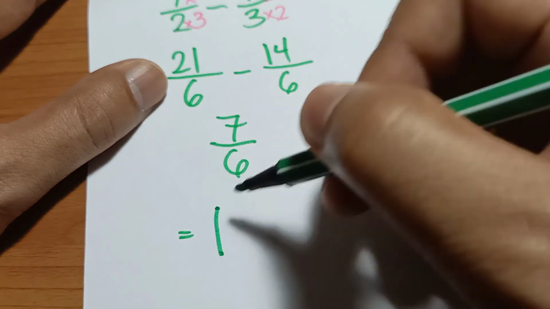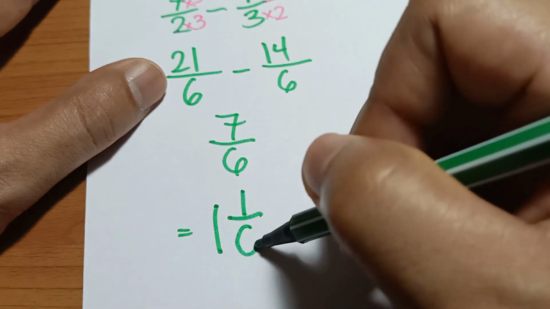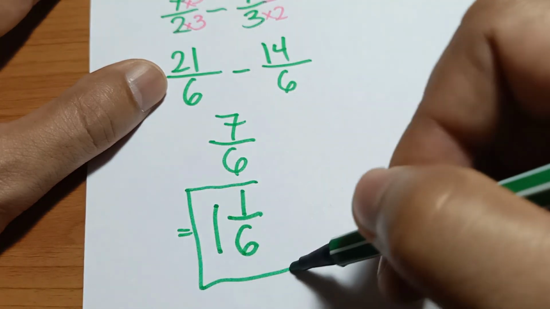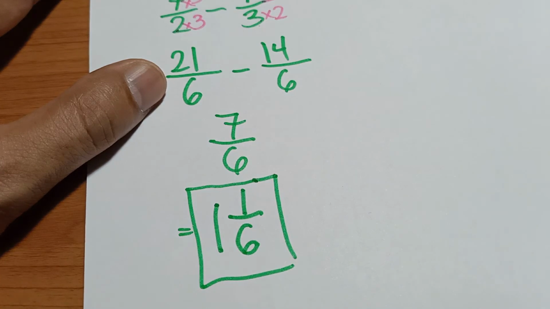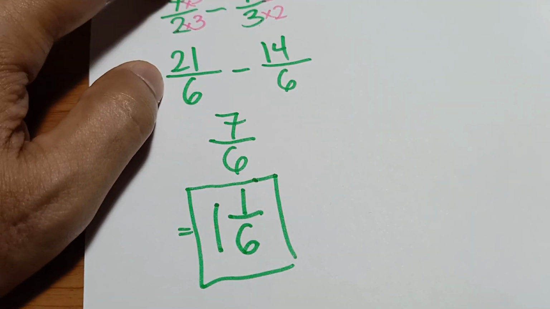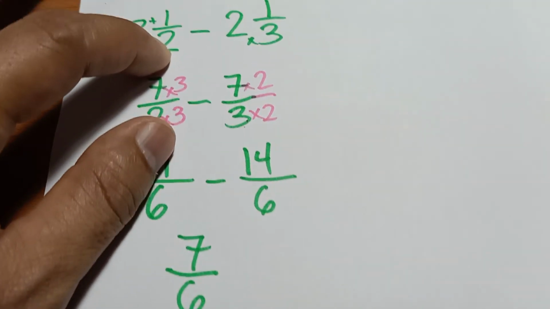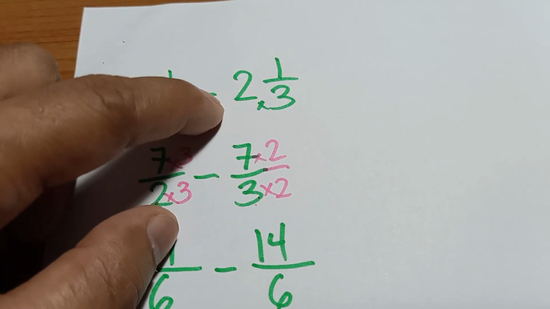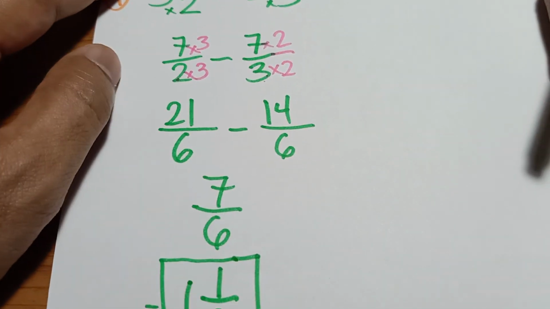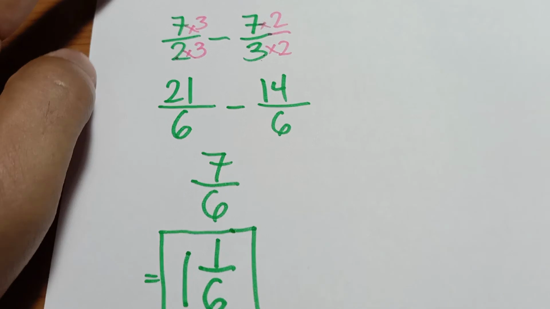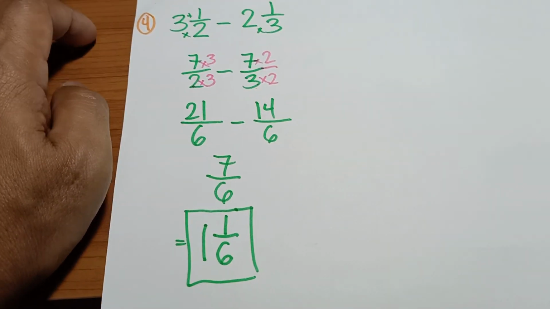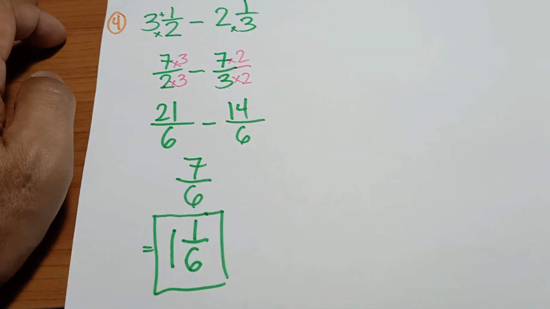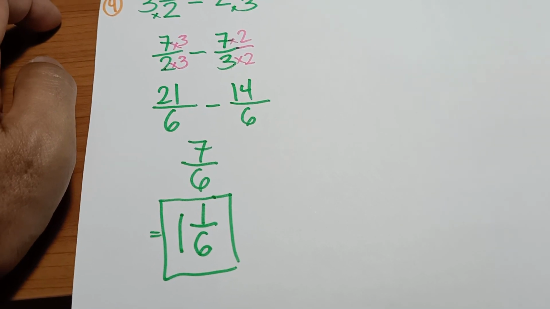That is equal to 1 and 1 over 6. So that is our final answer when we subtract 3 and 1 half. Go back to the question. 3 and 1 half minus 2 and 1 third. So the answer is 1 and 1 over 6. Alright?